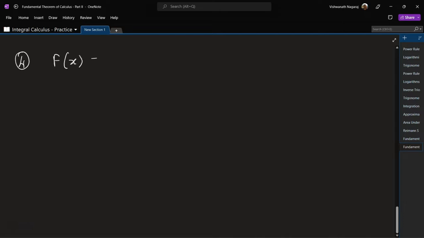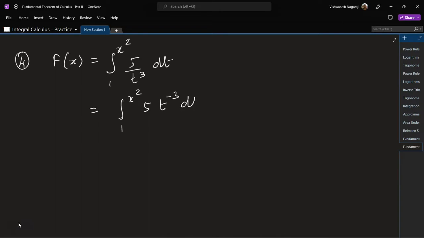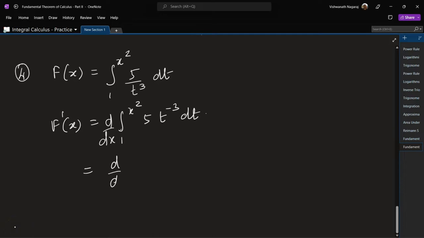capital F of x is equal to integral from 1 to x square of 5 by t cube. This can be written as integral from 1 to x square of 5t to the power of minus 3 dt. If we differentiate both sides, we get d by dx. So d by dx of this would be 5.